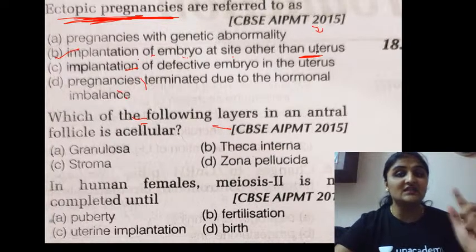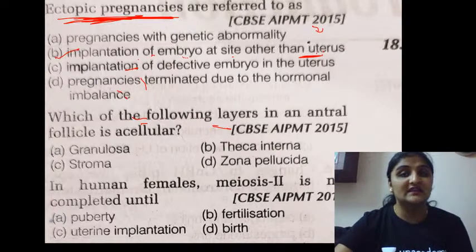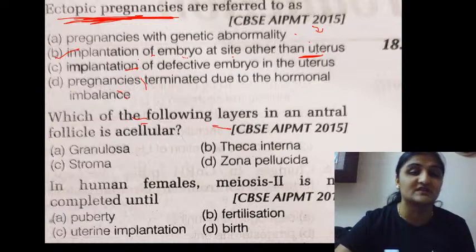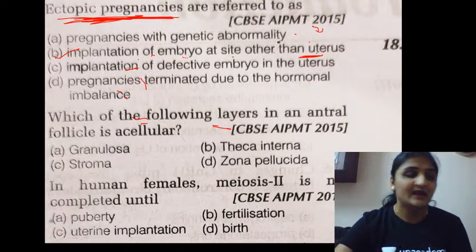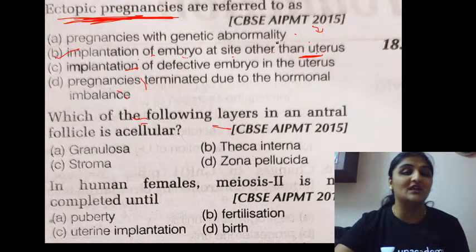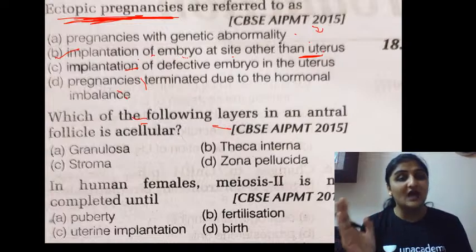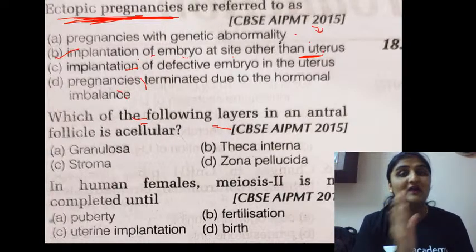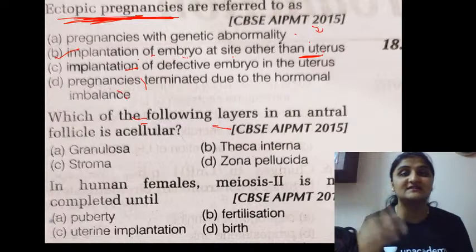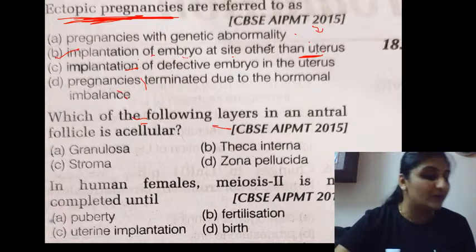So if it gets implanted at any site apart from the uterus, that is said to be ectopic pregnancy, students, and that is dangerous. It can give some abnormalities, and it can be dangerous for the mother or the child. So ectopic means away from the uterus, wherever the exact location is. If it is located some other place, it is called ectopic pregnancy, students.